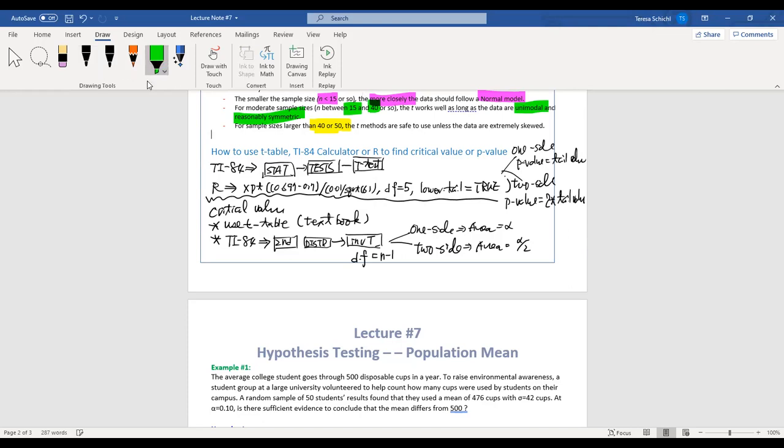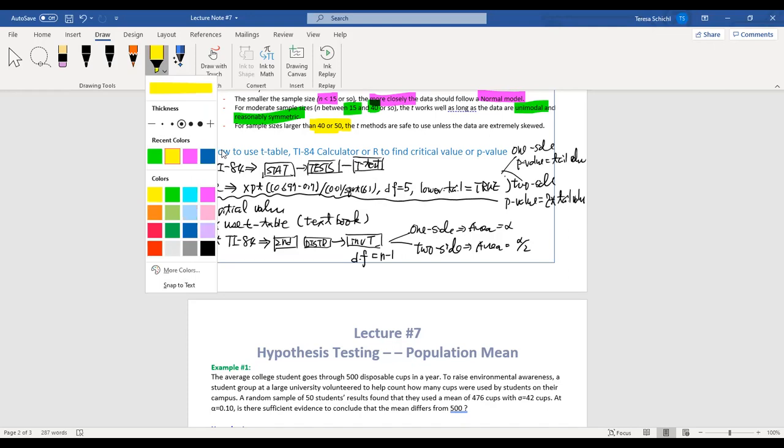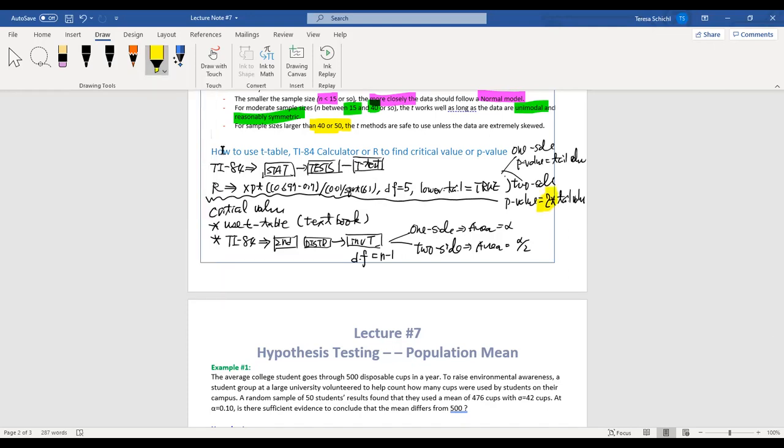Just like we did for the z-tests here. All right, so that's it. The concept is the same. If you have a TI-84, that's really easy. You just input, and it will give you the values. If you don't, then R is pretty straightforward also.